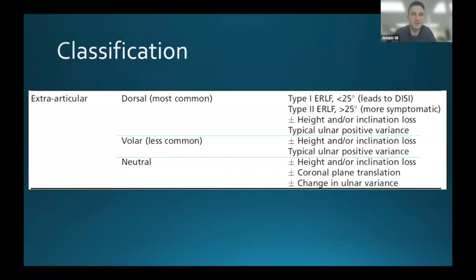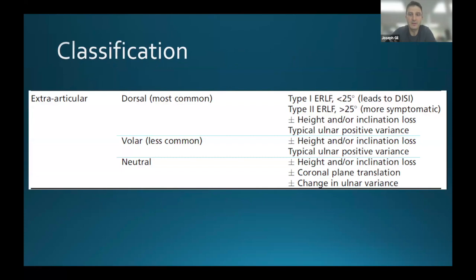So a simple classification of these: they're dorsal, volar, or neutral. The dorsal ones specifically look at the radiolunate flexion angle, like we just briefly discussed, whether it's less than 25 degrees resulting in DISI deformity, and greater than 25 degrees results in more of the radiocarpal flexion, and the midcarpal joint goes back to neutral, but these tend to be more symptomatic than the type 1.